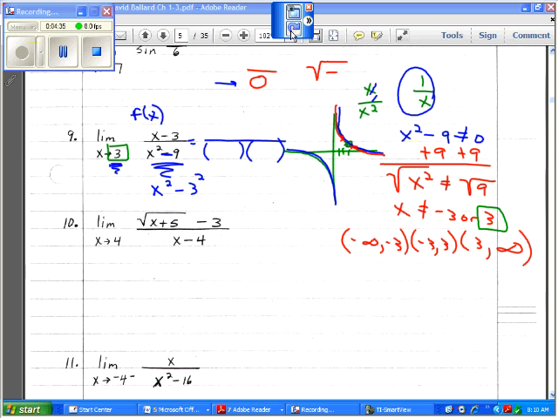The binomial conjugates x plus 3 and x minus 3. We have an x minus 3 factor on top. And so we can see that those x minus 3 factors cancel. So we end up with 1 over x plus 3.